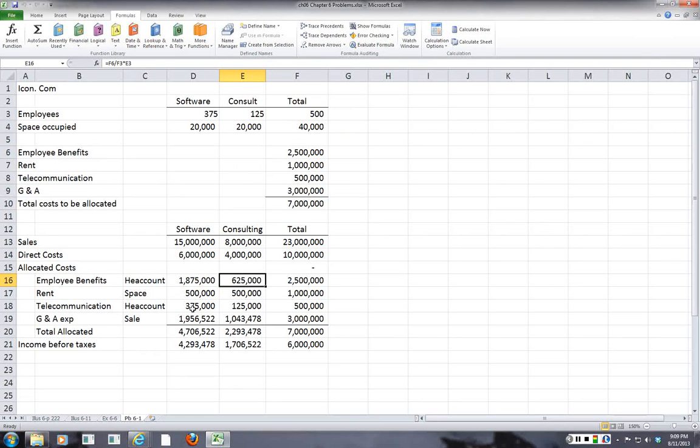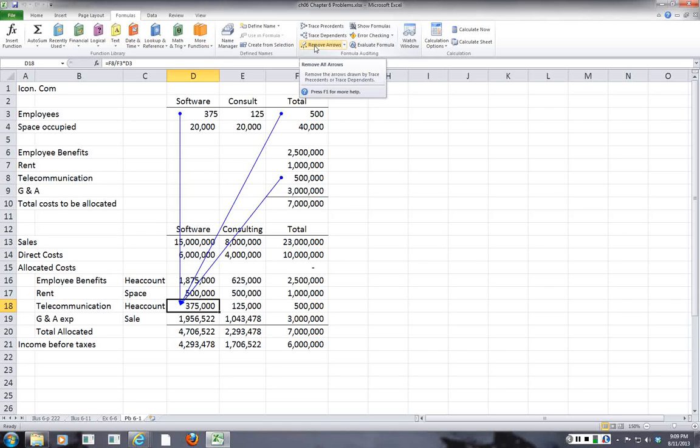We do the same thing with telecommunication costs. That's based on head count. The allocation is going to be done the exact same way. So we have 375,000 here for software and 125,000 for consulting, for a total of $500,000.